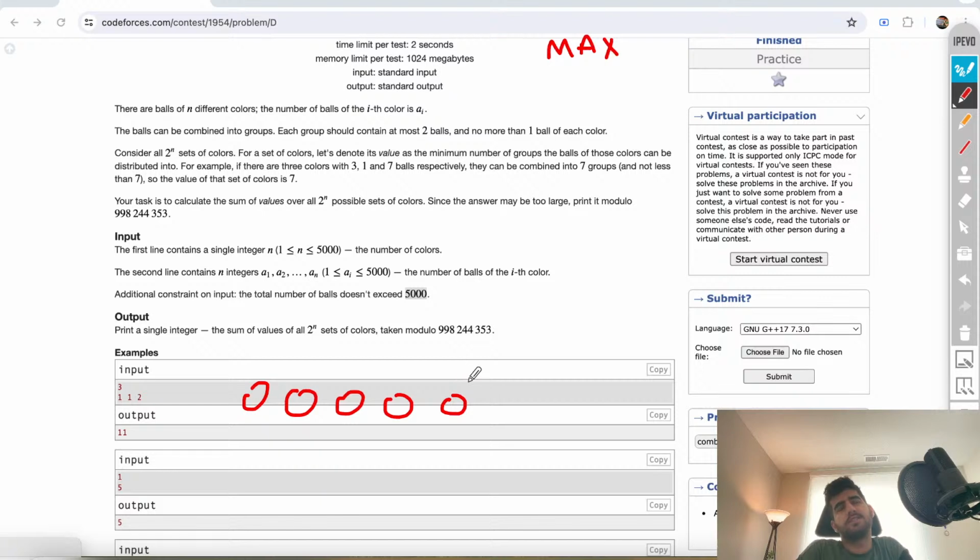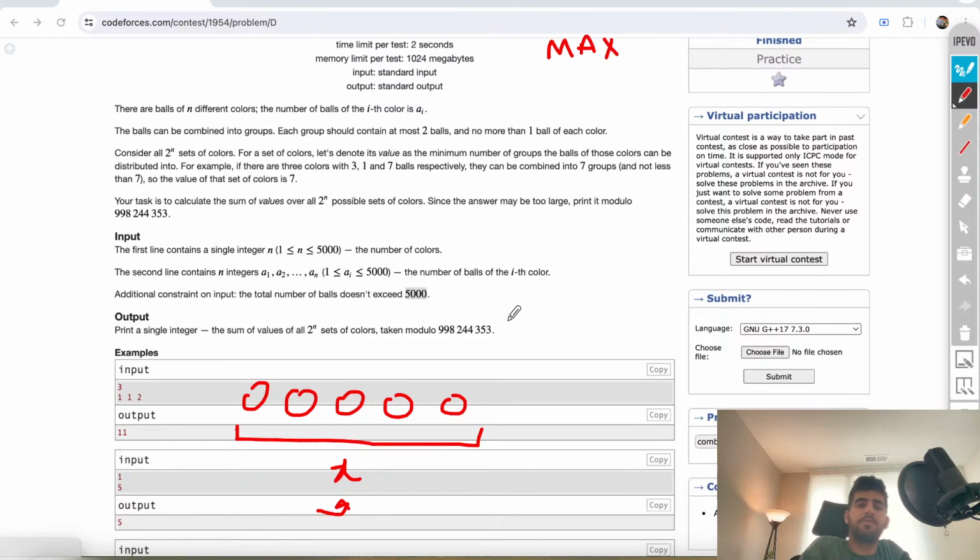There are 2 cases when you're talking about a new color; let's process all the new colors at once. When these are from color X, either you choose X in your subset, or you do not choose X. If you do not choose X, it doesn't change anything. But if you choose X, it changes the sum and maximum.